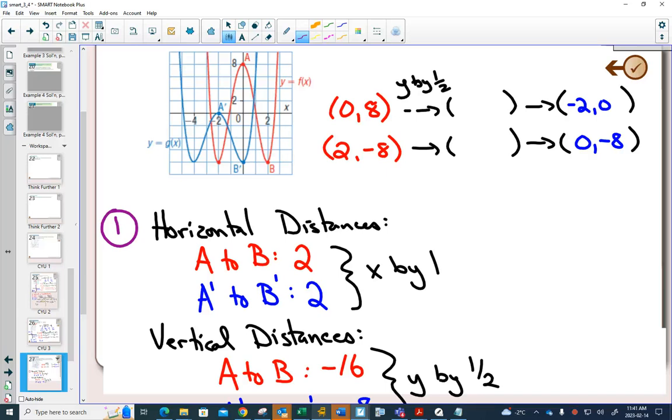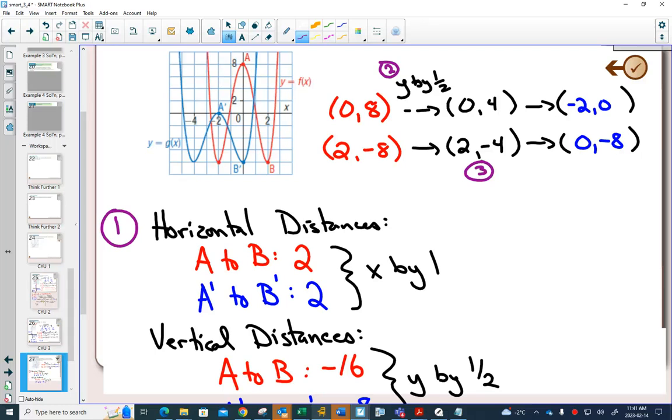So we did the horizontal and vertical distances first, and that allowed us, and I'm going to put a little 2 here, to write y by 1/2 there. Because I know that y has to multiply by 1/2, I can now fill in these points. Multiply my y coordinates by 1/2, my x coordinates are not going to change. So filling in these points is the third thing that we can now do.